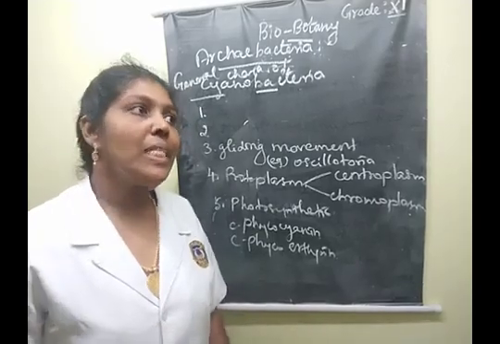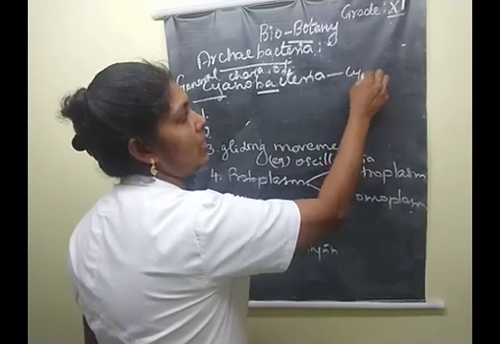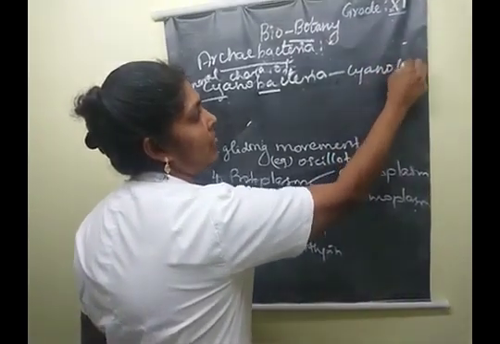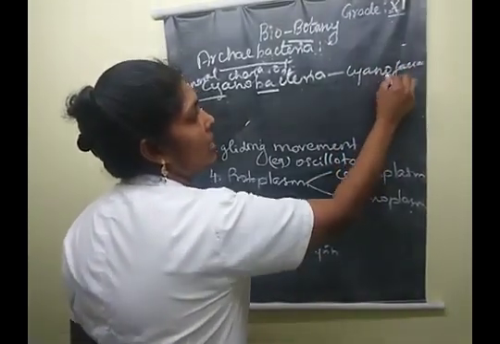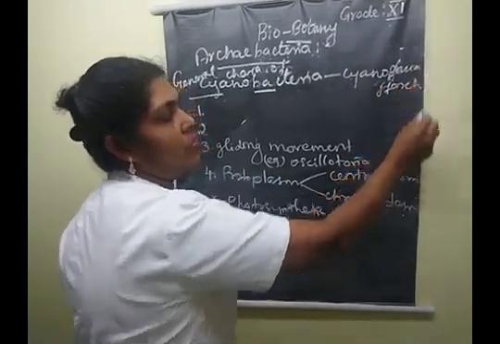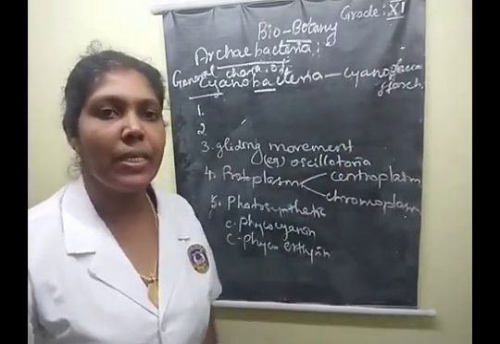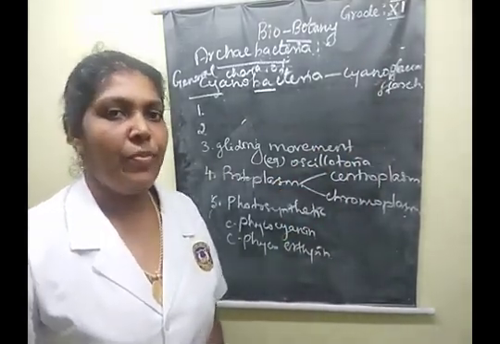Clear? What is the reserve food material of cyanobacteria? It is cyanophycean starch. Cyanophycean starch is present as the reserve food material.